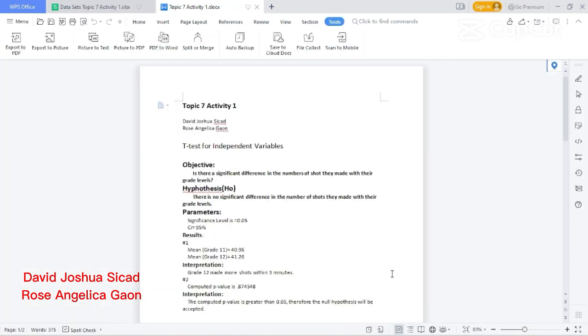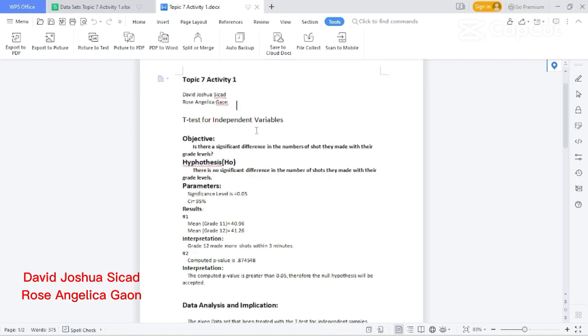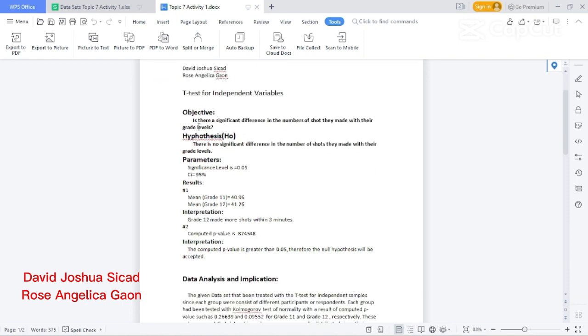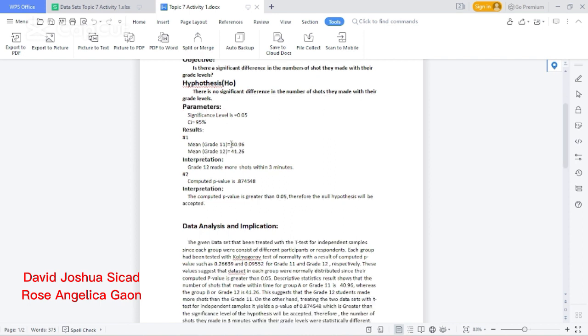Based on the results of the calculator, we derive our results. Our objective is: is there a significant difference in the number of shots they made with their grade levels? The null hypothesis: there is no significant difference. The significance level is 0.05 at 95%.